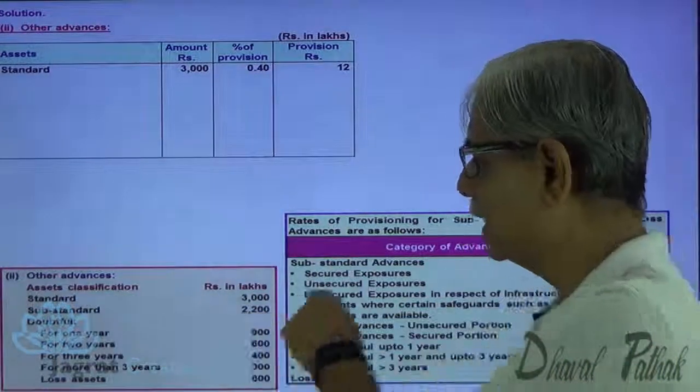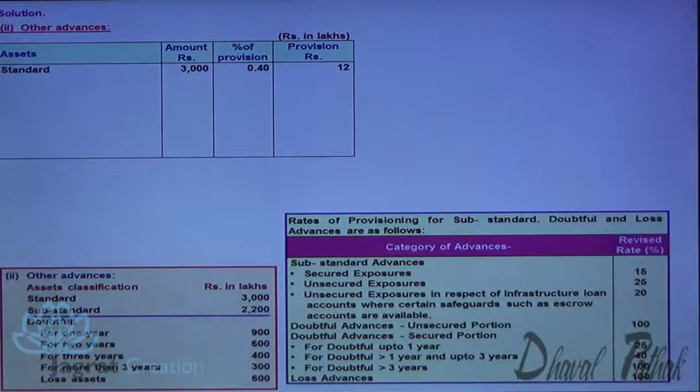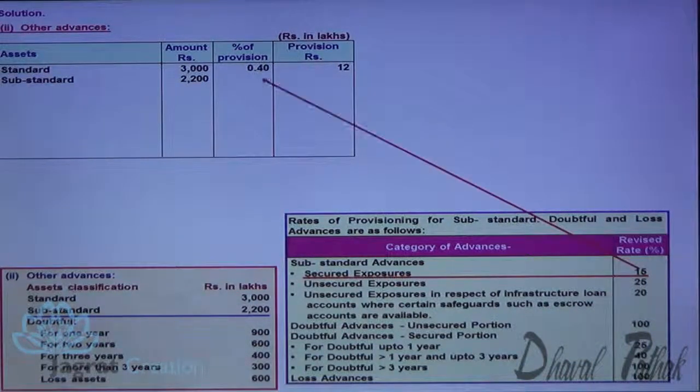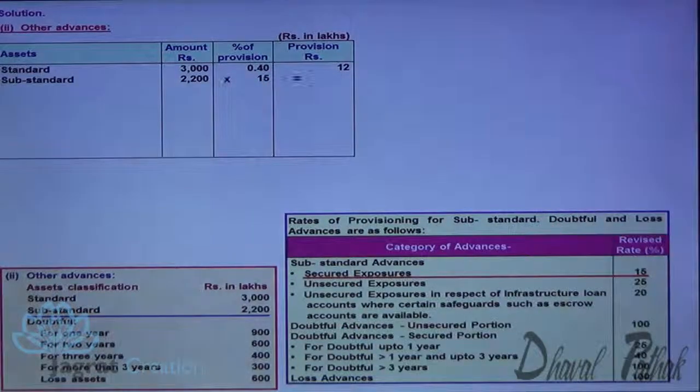Now these substandard assets, which is considered to be having a secured element, so 2,200, 15% thereof. So you are required to make a provision of 2,200 into 15%. Now unsecured exposure is not there.